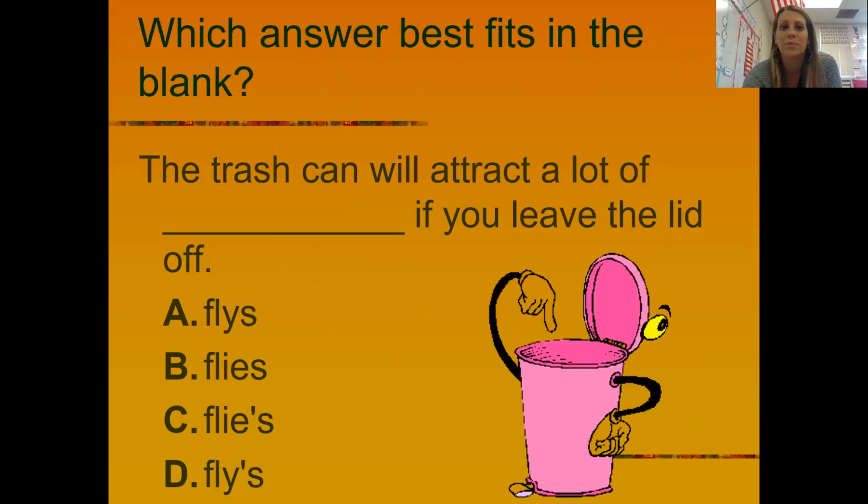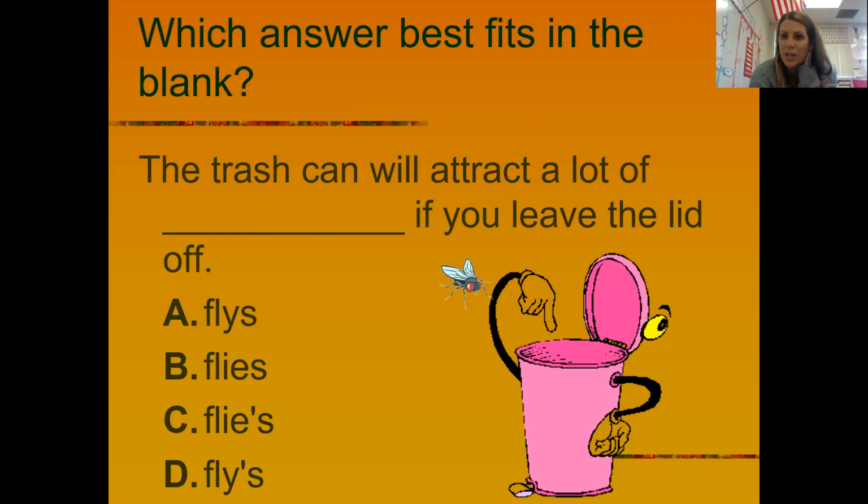All right, let's practice a couple more. So actually, let's stop and think about this one. Is this one going to be a possessive or a plural? I want you to practice one and see. The trash can will attract a lot of what? Flies, right? Here's one of the flies. If you leave the lid open. Okay, well, can we answer the question?